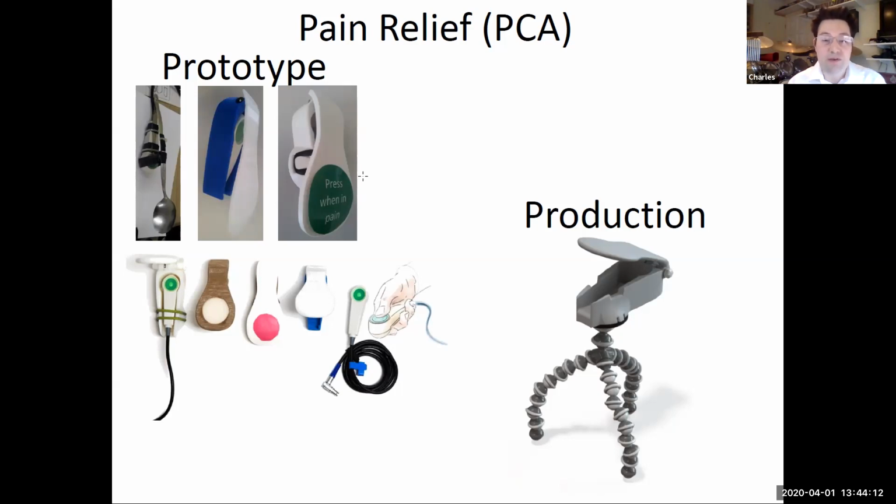People didn't have the dexterity to push the button to deliver the morphine or other pain relief that is pumped into you. People started looking at different designs to give much more leverage, including using a spoon, quite a big spoon as well, and went through a few different iterations.